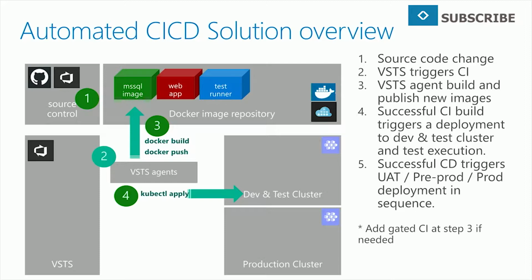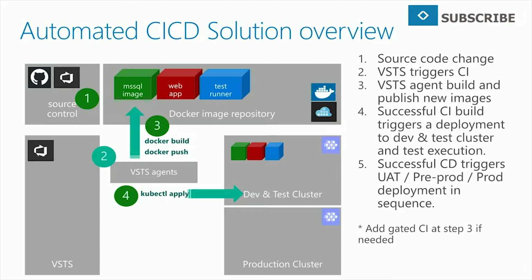So first, we deploy those changes to the dev and test cluster. As we saw before, we can use kubectl apply with the same spec, and then the images will be deployed to the dev and test cluster as Docker containers running in Kubernetes on AKS. And we can define a test runner running the necessary unit tests or integration tests within the dev and test cluster.